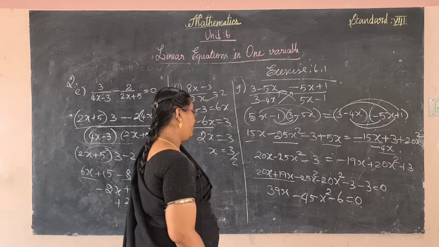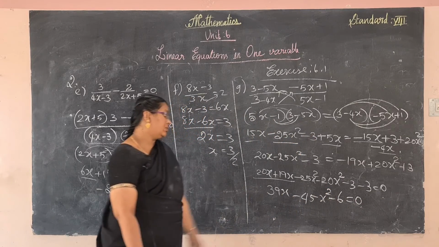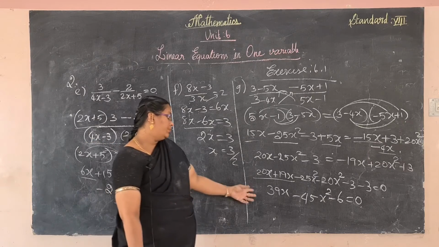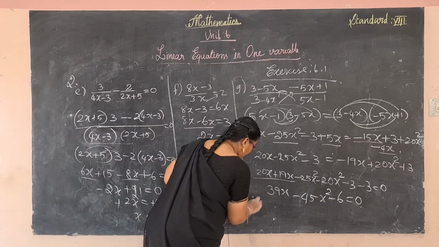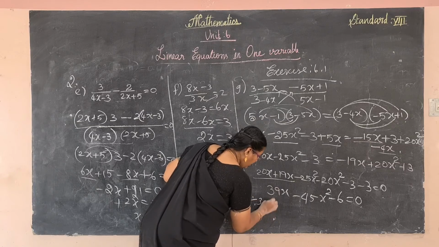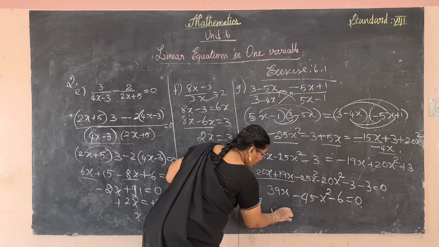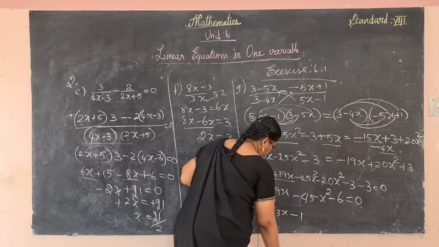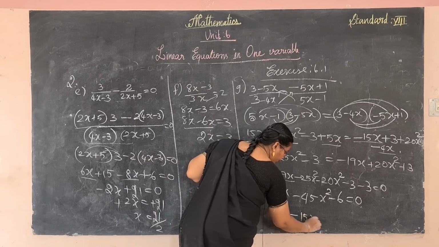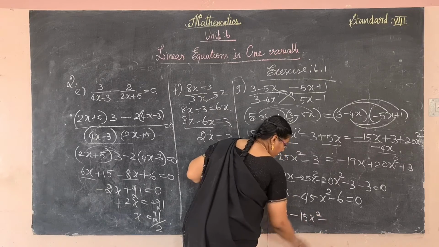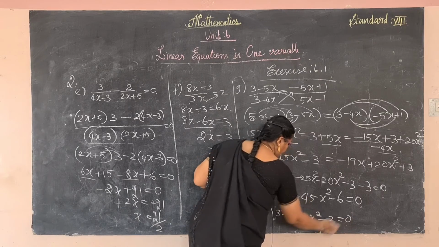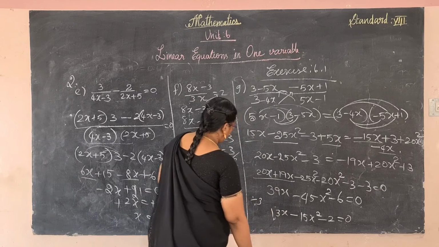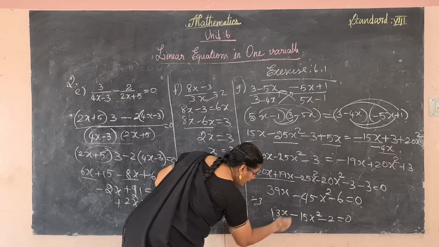Okay. Can you cancel in the 3 table? Yes. So divide: 3 1s are 3, 3 3s are 9. Here minus 3 1s are 3, 15s are 45. Minus 3 2s are 6. Okay, now arrange the order of the quadratic equation.